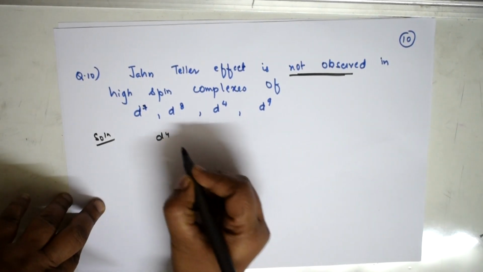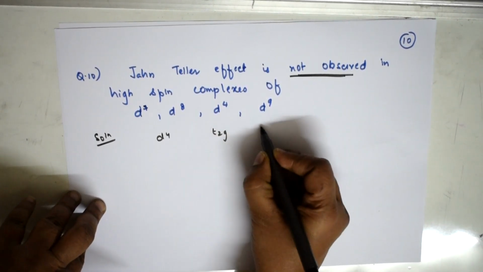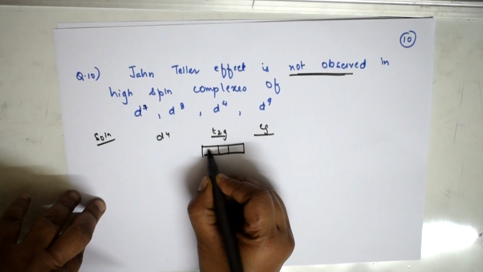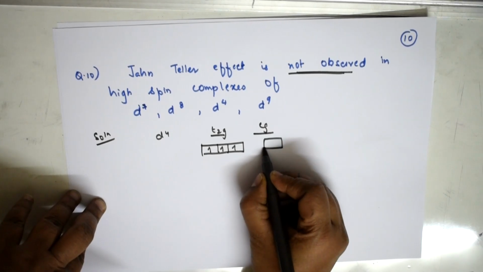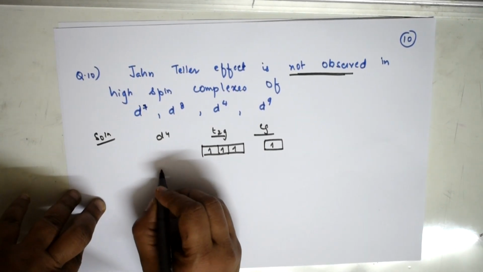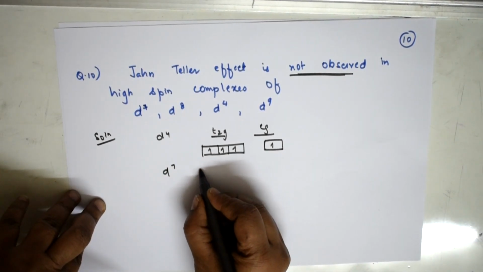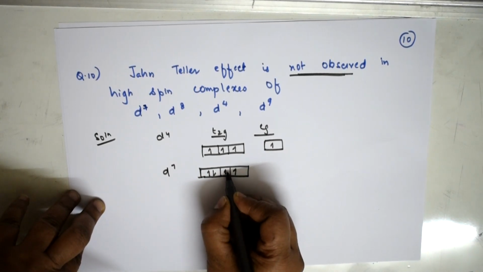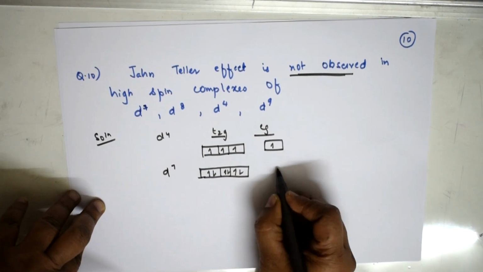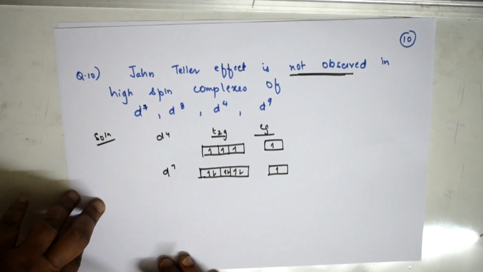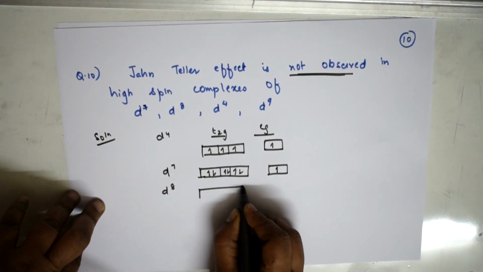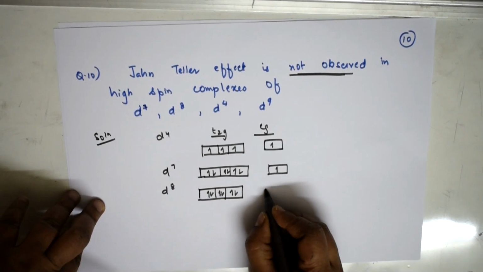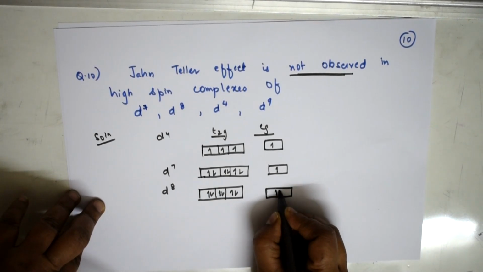Take this, draw the orbitals. For d4, the t2g set and eg set, how do they divide? For d4, in t2g 1, 2, 3, and in eg 1. Next, d7: t2g 1, 2, 3, 4, 5, 6, and one more, 7. For d8: in t2g 1 to 6, in eg 7, 8.